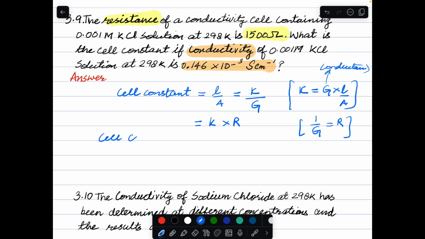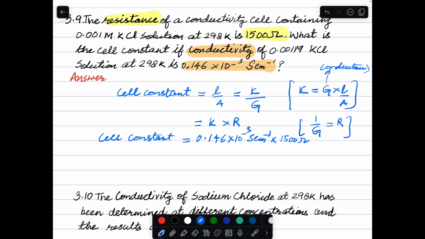So cell constant in our case is equal to the first value which is given to us, that is your conductivity value, that is 0.146 into 10 raised to the power minus 3 Siemens per centimeter, multiplied by the second value, that is 1500 ohm.